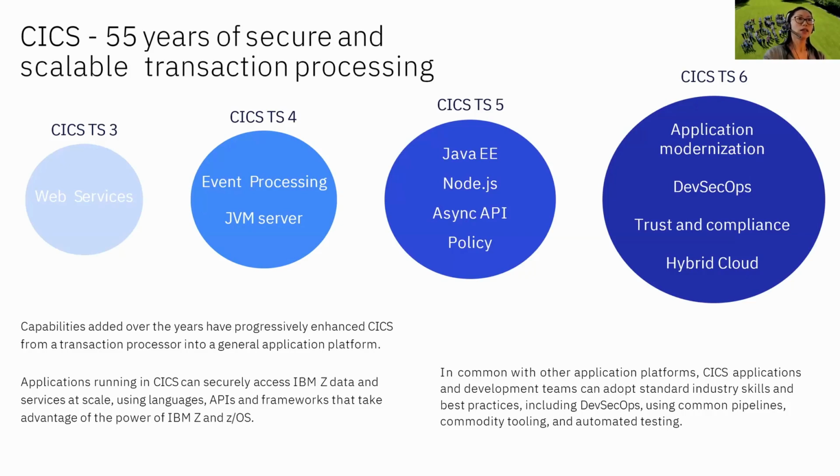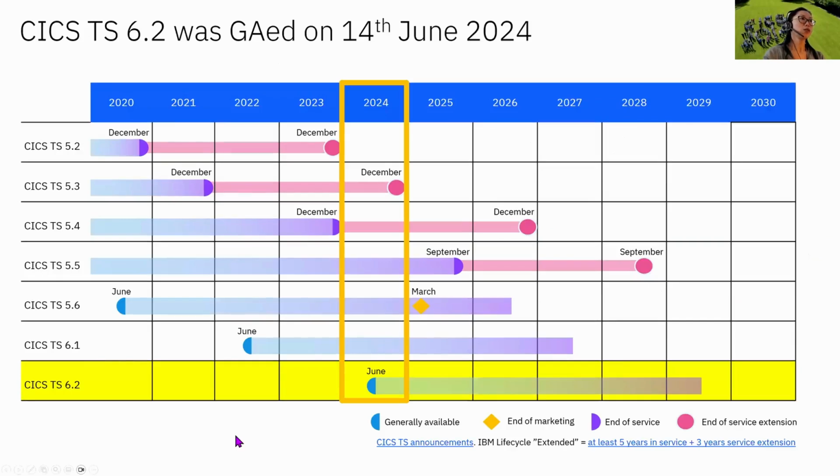Looking at the release trend on this table, we list from version 5.2 up to 6.2. We often have at least 5 years in service, with 3 years of service extension.